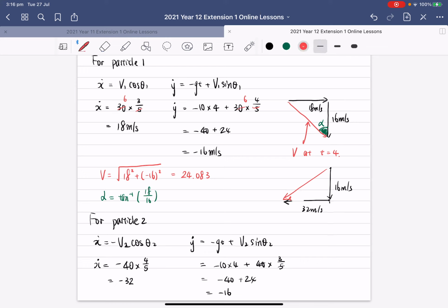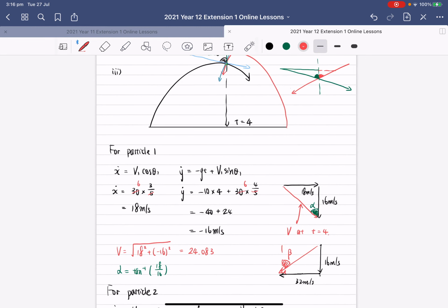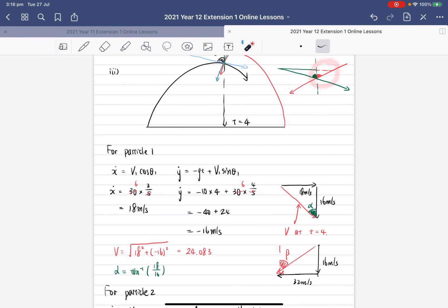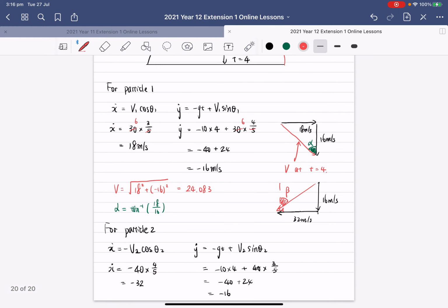Okay, we're finding this angle. That is beta. Because if you look at this diagram over here, we're finding this angle here, which is that one there. So if we use the same tangent, then beta is equal to tangent inverse 32 over 16, which is tangent inverse 2.